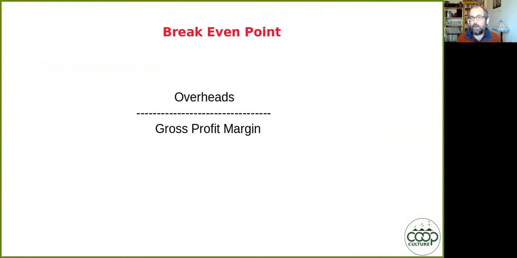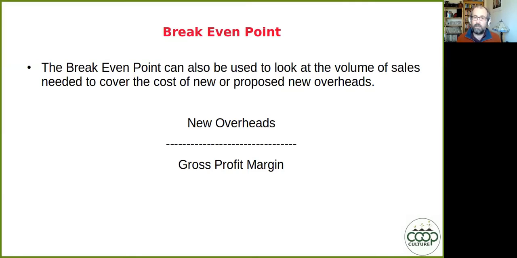Instead of dividing our overheads by our gross profit margin, we do the same thing with the proposed new overheads. We divide our proposed new overheads by our gross profit margin, and that tells us how many sales we need to make to cover those proposed new overheads. So we're going to look at an example now.